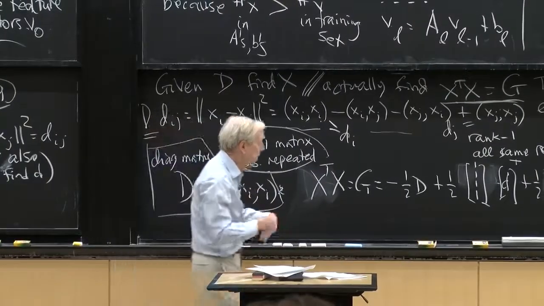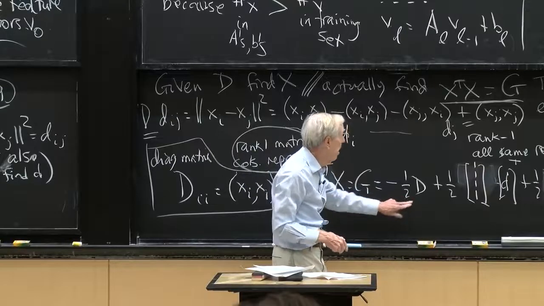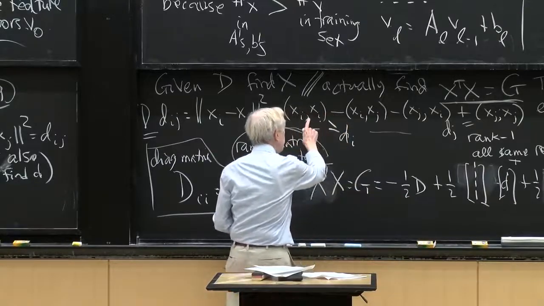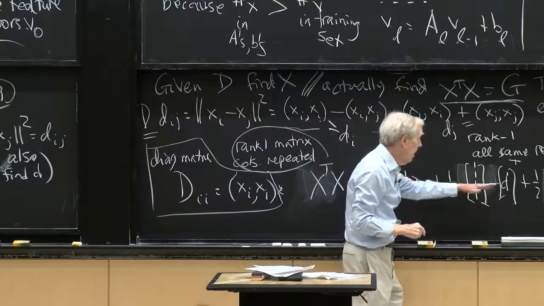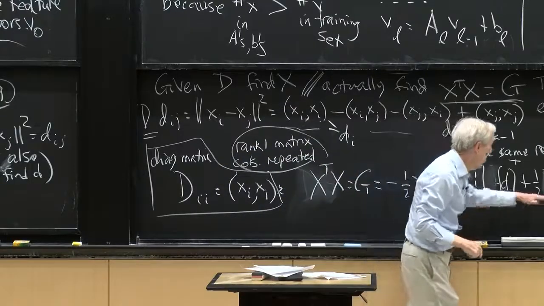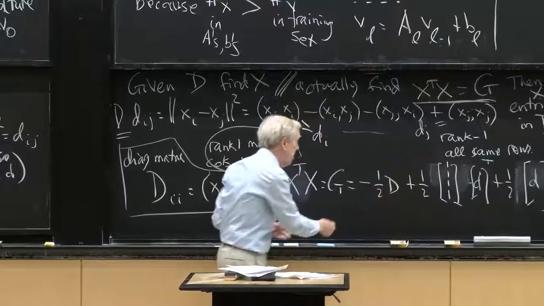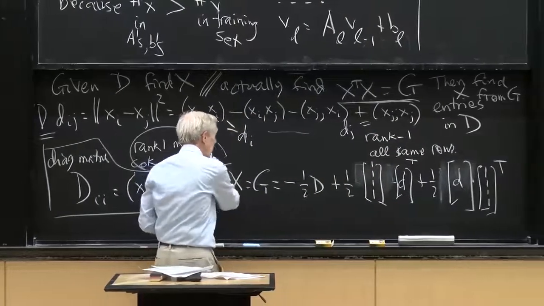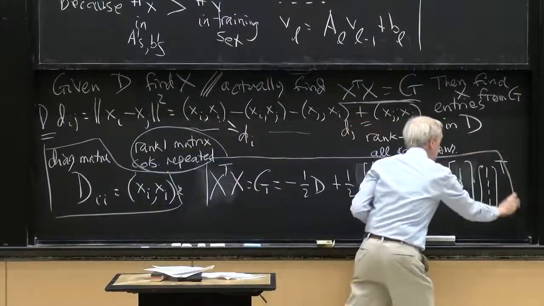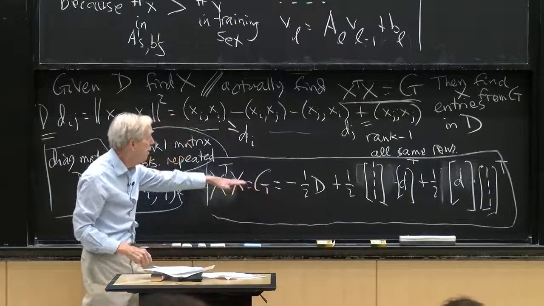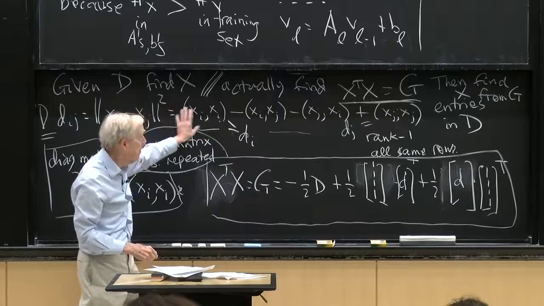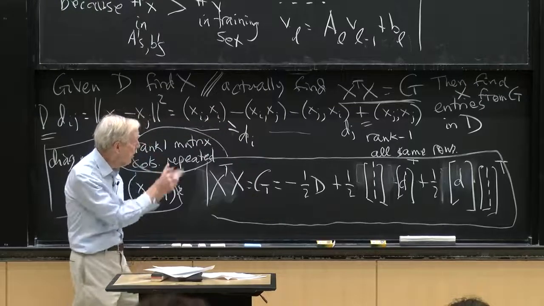If this is true, I'm given the D matrix, and then these dot products I can find. So in other words, this is the key equation that tells me G. That's the key equation, and it's going to come just from that simple identity. Just from checking each term.